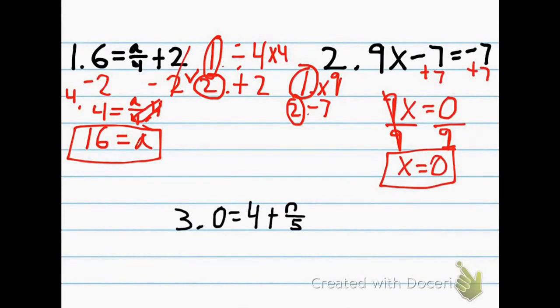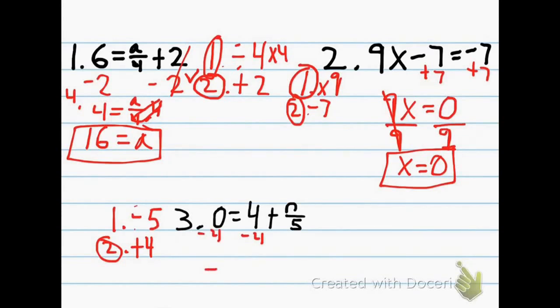Try solving number 3 on your own. So the first thing that happened to my x is it's being divided by 5. The next thing that happened is that it's being added by 4. So instead of adding by 4, we have to subtract by 4. Do that to the other side.